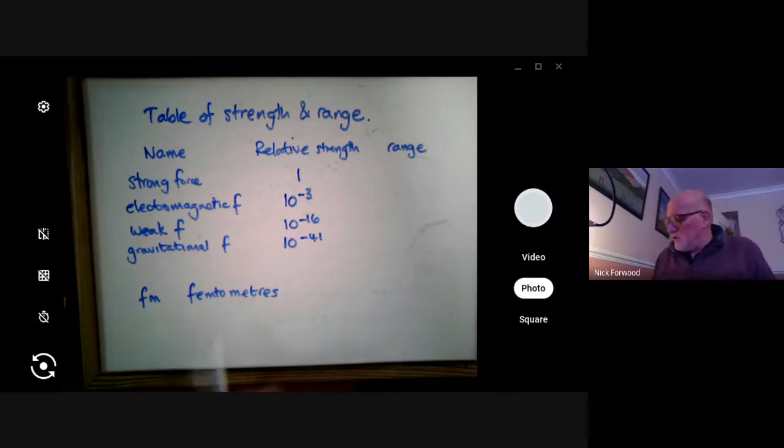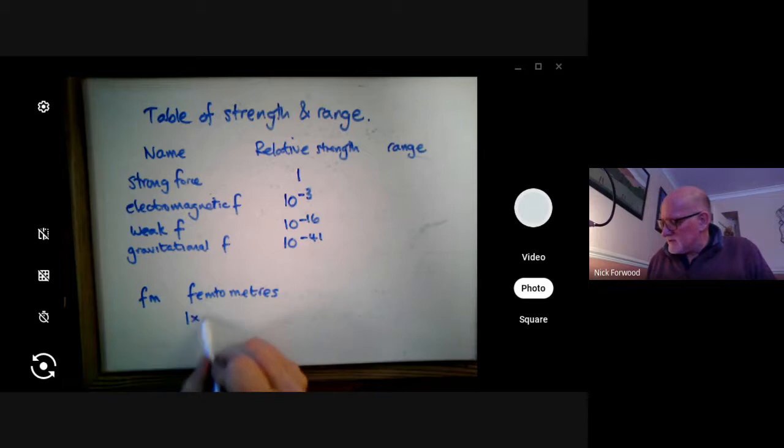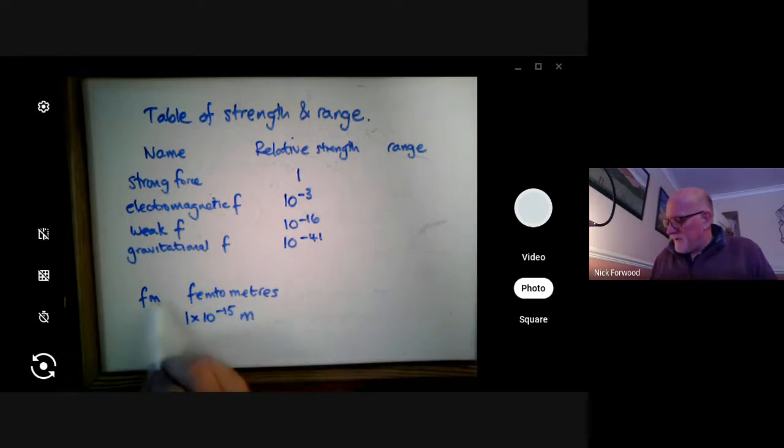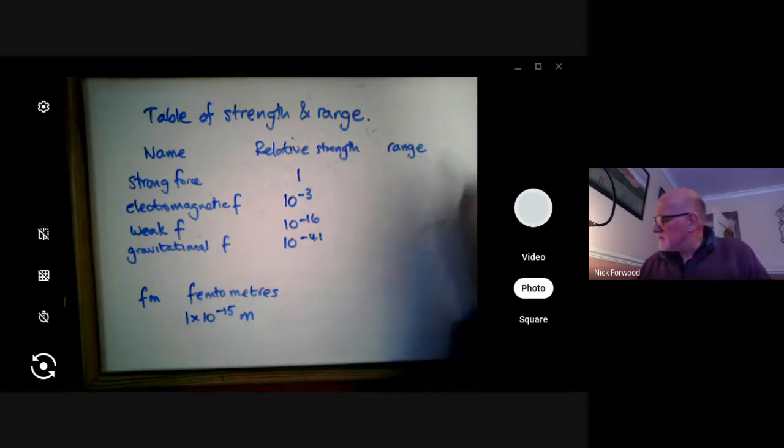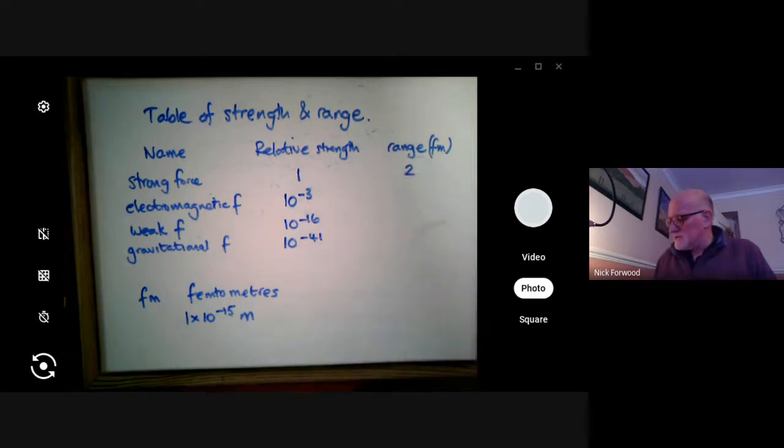We've got a new one now called femto, and femto means 1 × 10⁻¹⁵ of a meter. So a femtometer, 1 × 10⁻¹⁵ of a meter, is an incredibly small distance. The range is going to be measured in femtometers, and the strong force has a range of 2 femtometers. In other words, 2 × 10⁻¹⁵ meters.